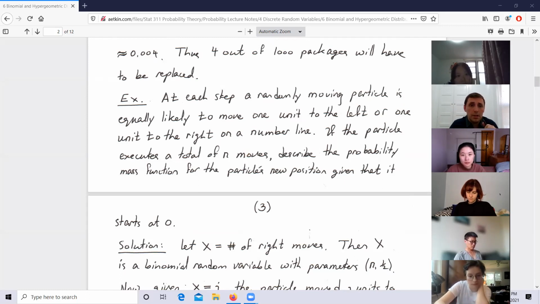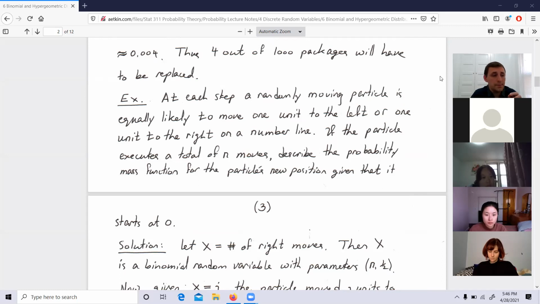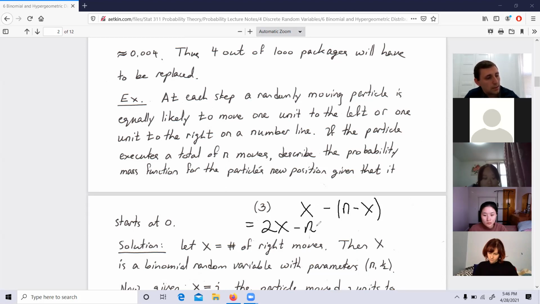So the random variable that describes position: if X is the number of right turns, then the rest are left turns, n minus X. So the random variable I'm interested in is 2X minus n. X is the number of right turns.